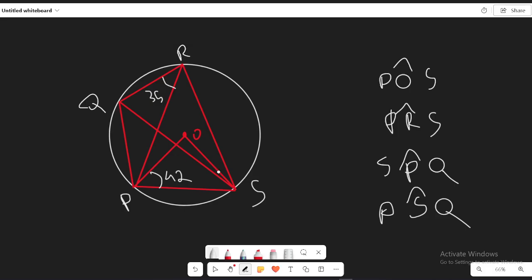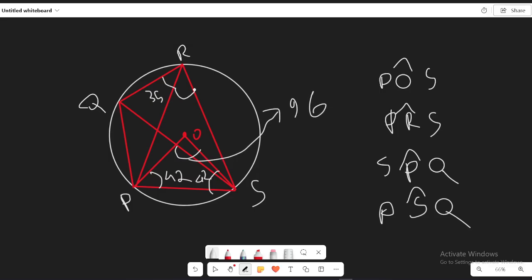Right. First, we know this is also 42 because of the radius rule. This is a triangle: 180 minus 42 minus 42. So let's figure that out. 180 minus 42 minus 42 is 96. So this right here is 96.